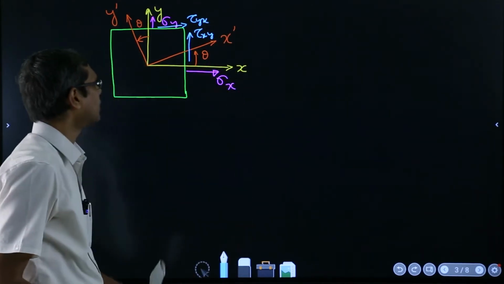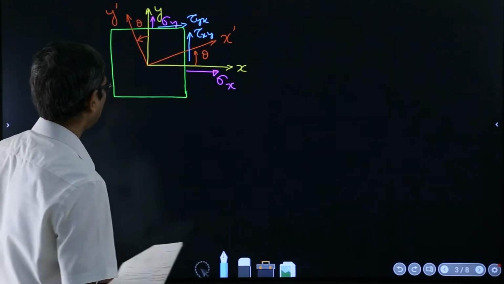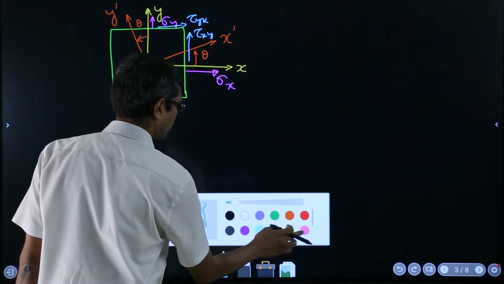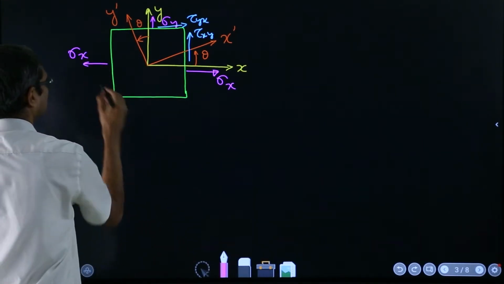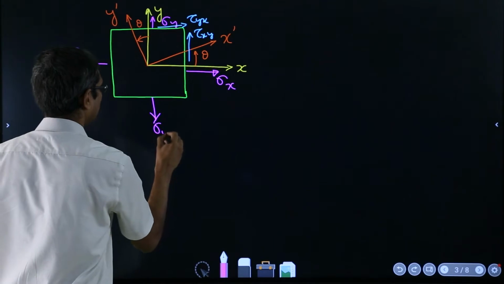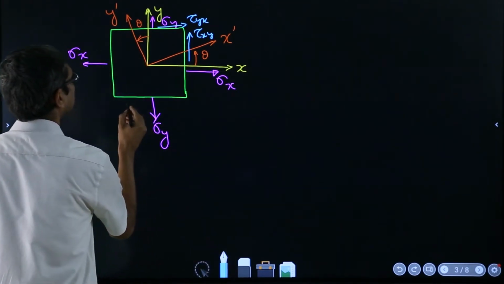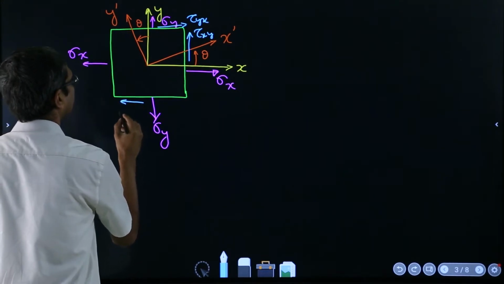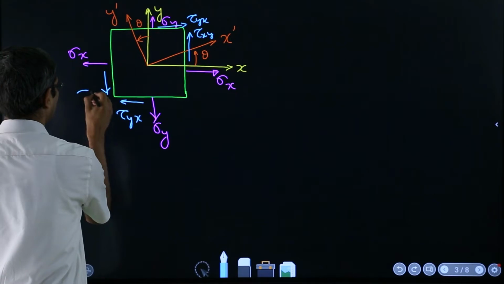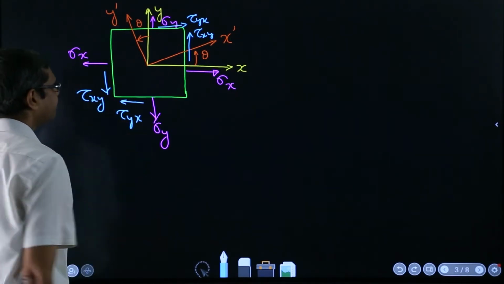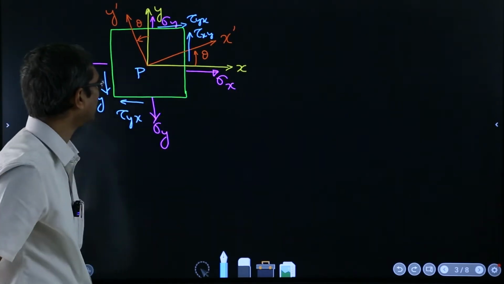I am not drawing on this side, it is exactly the same thing. So, this is sigma x, this is sigma y, this is tau yx, this is tau xy. Okay. And this is about the point P.